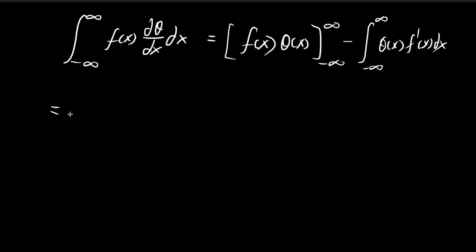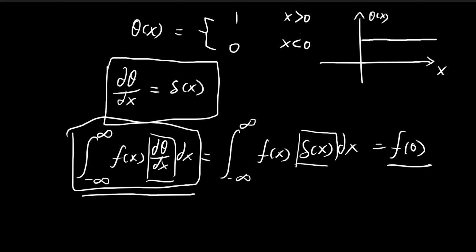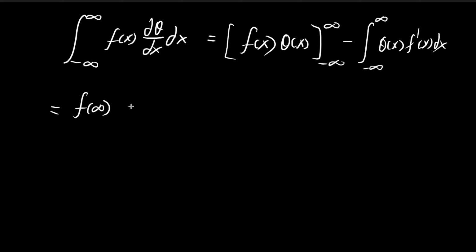Substituting in the bounds, we have f of infinity, and theta of infinity is just equal to 1, because infinity lies within the region x is larger than 0. And theta of negative infinity is just equal to 0, because negative infinity lies within this region. So we can just ignore the second term because it's just 0.